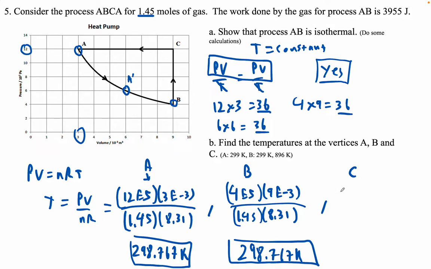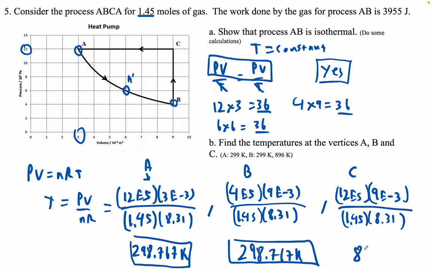Okay, so C is 12E5. That's our pressure, right? And our volume is 9E minus 3. And 8.31. All right. Okay, so 12E5 times 9 divided by 1.45 divided by 8.31, which is 896.3. All right.